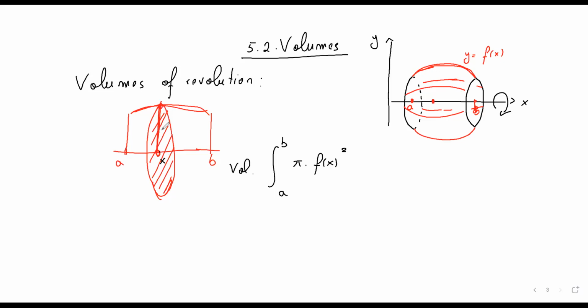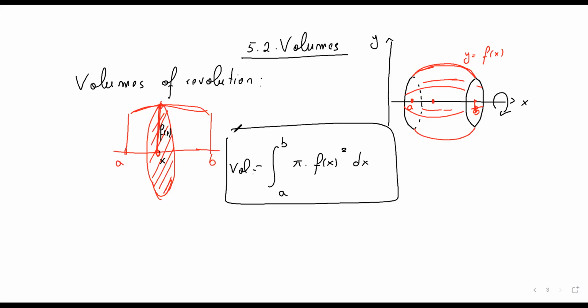If this is x, then this radius going up is f of x, squared, dx. And that, folks, is the formula that we are going to use for volumes of revolution. Very simple formula, folks. You can calculate any volume of revolution above the x-axis by using this particular formula.